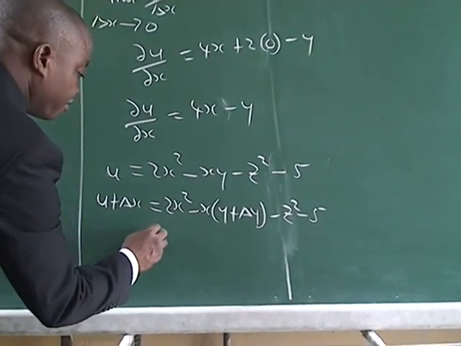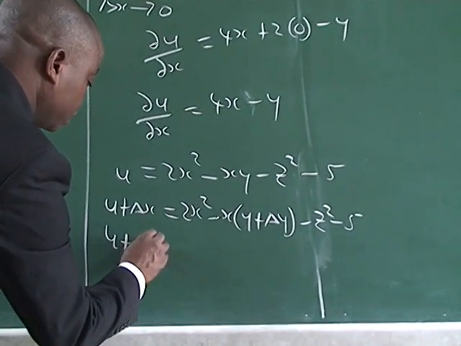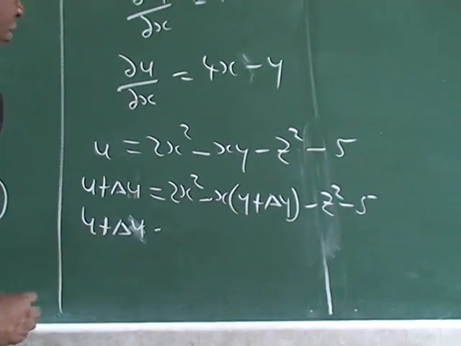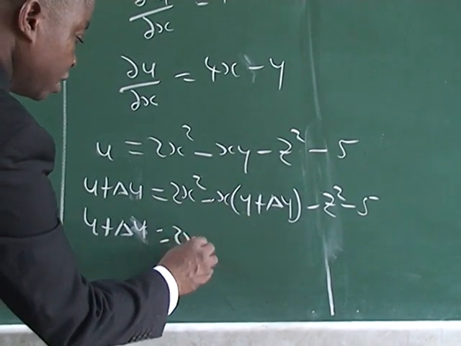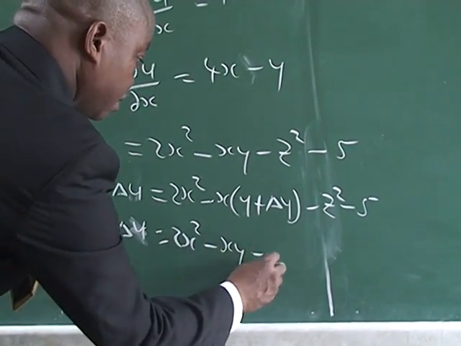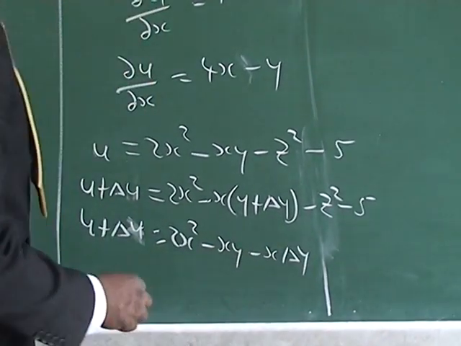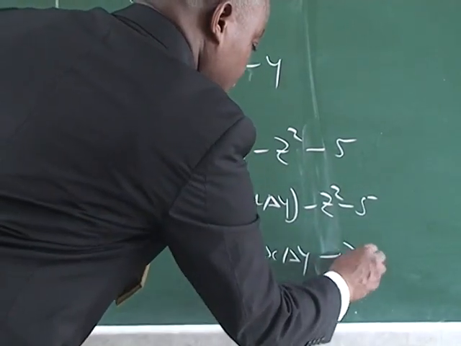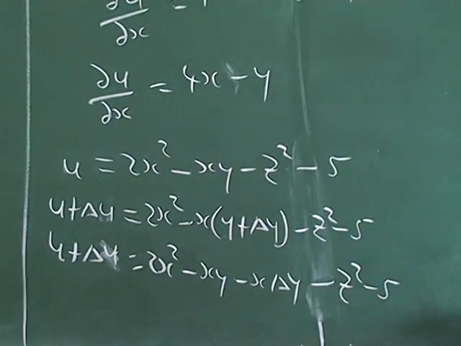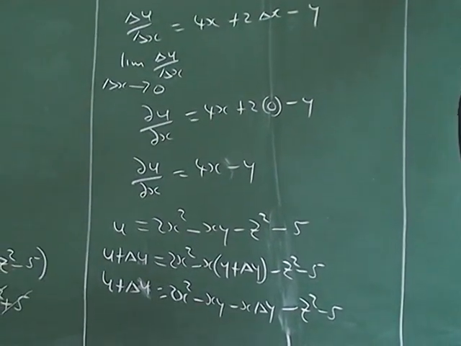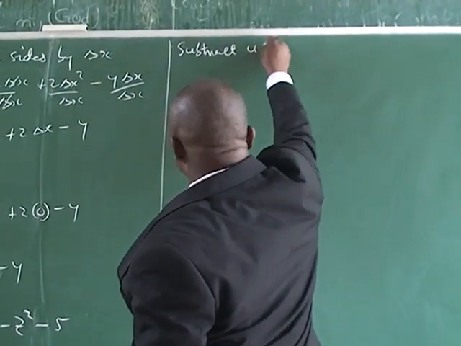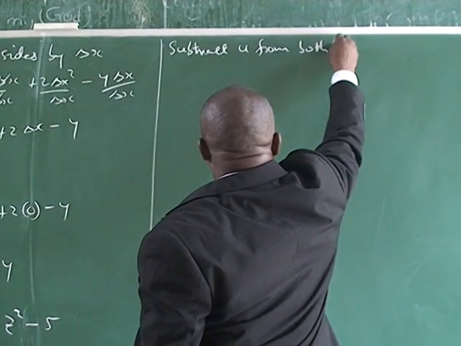So here we have that u plus change in u is equal to x squared minus xy minus x change in y minus z squared minus 5. Alright. Which means that we can subtract u from both sides.